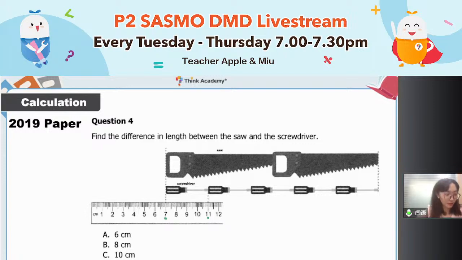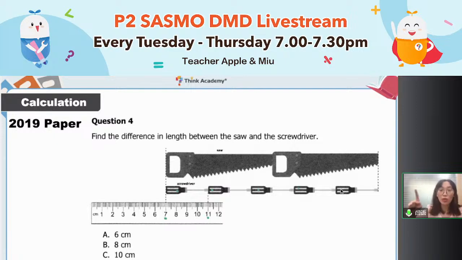What is the difference here? First thing, you need to look at the length of one screwdriver, from 7 to 11. So how many centimeters are there? And then try to figure out how many screwdrivers are there in total. We have 1, 2, 3, 4, 5, right?